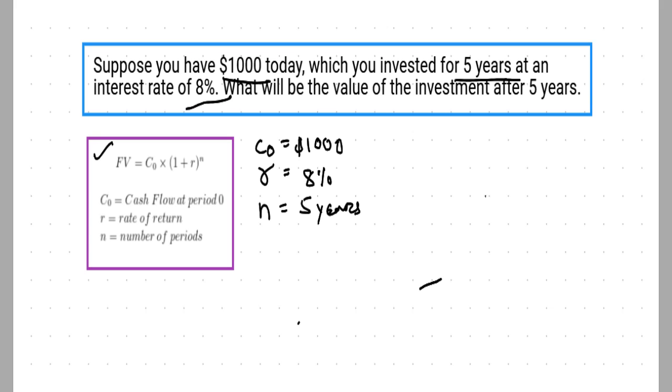So the future value is $1,000 multiplied by 1 plus 0.08 raised to the power 5.